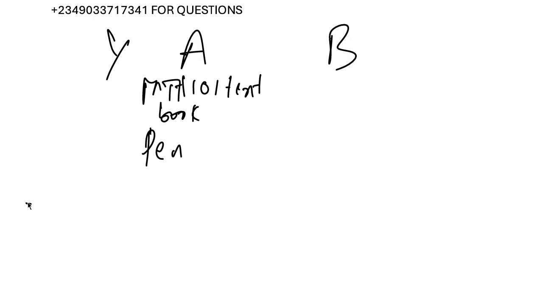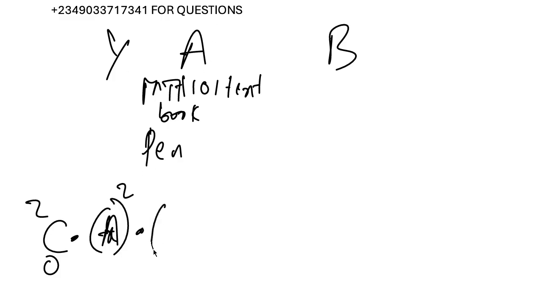It's either you will have two combinations 0, then a to the power 2, and then b to the power 0. So what is this case telling us? It's either you, which is a, will hold those two properties, Maths 101 textbook and pen. Then your friend, who is b, is holding nothing. Is it not possible?